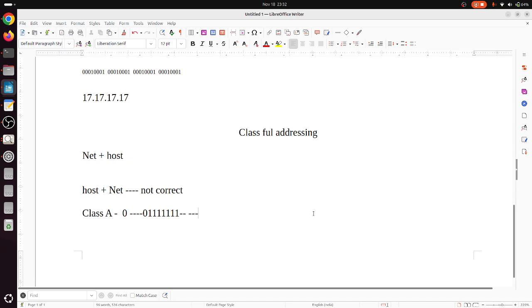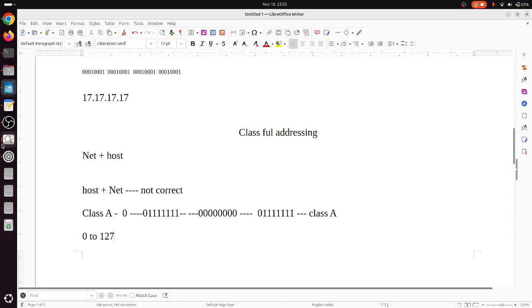That means it can go from all zeros up to this number. The MSB bit should start with 0. So this is class A. On expanding this into decimal notation, the range will be 0 to 127.